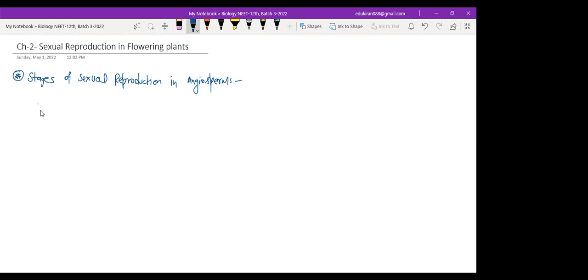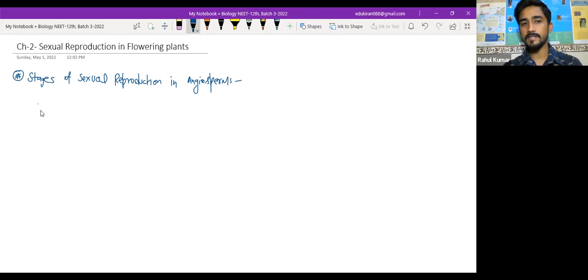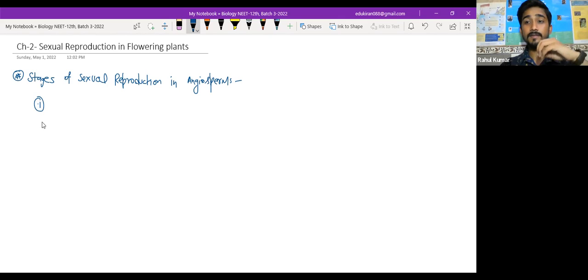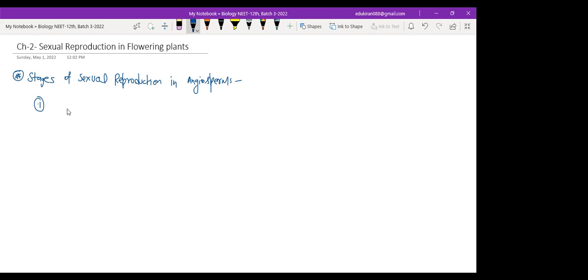Yes, sir. So what can plants do instead? If you are stationary, but still you have to transfer something to some other person, what will you depend on? An external factor. Yes, an external factor that will deliver the things for you, right? You will depend on a delivery service, correct? Yes, sir. Your gametes, same thing plants do.